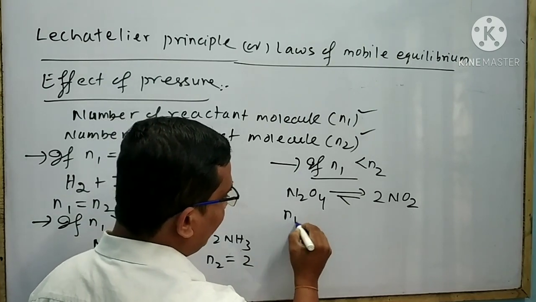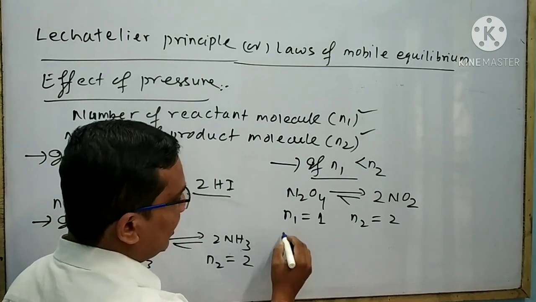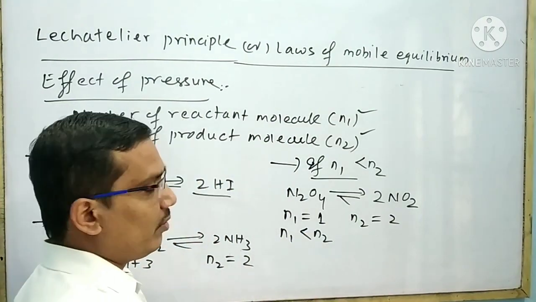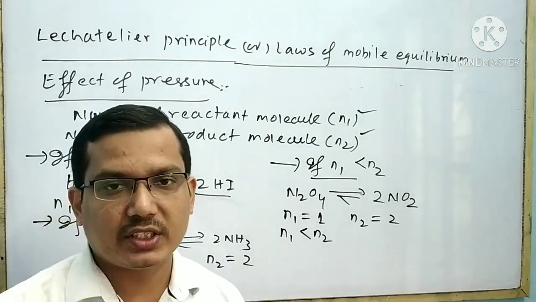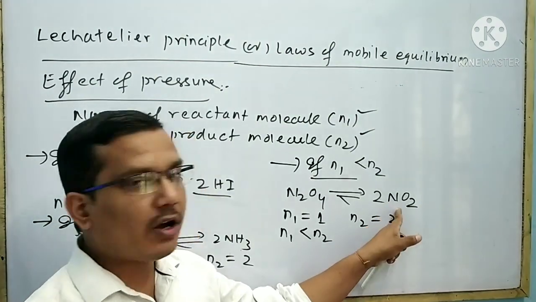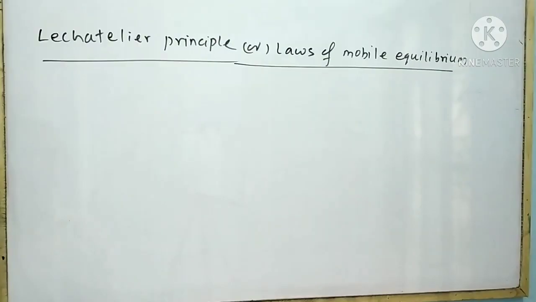In this reaction, N1 equals 1 and N2 equals 2. That means here I can write N1 smaller than N2. So when we decrease the pressure, the reaction proceeds in the forward direction. That means for the formation of NO2, a decrease in pressure is favorable.